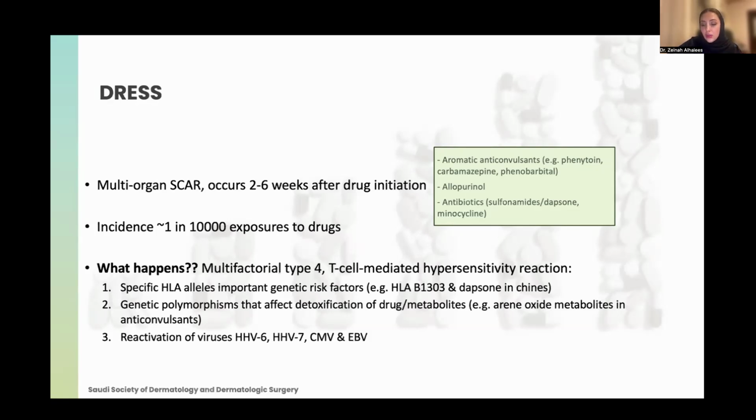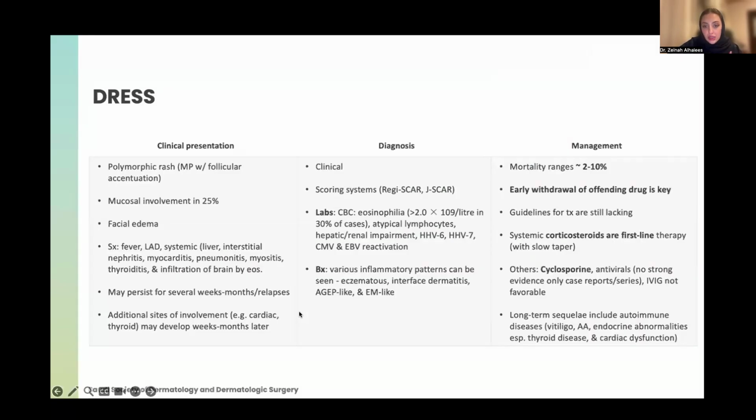So your arene oxide metabolites in anticonvulsants won't get detoxified. And then there's this whole talk about reactivation of viruses like human herpes virus 6 and 7, CMV, EBV, which may also lead to this T-cell mediated hypersensitivity reaction to drugs and drug metabolites.